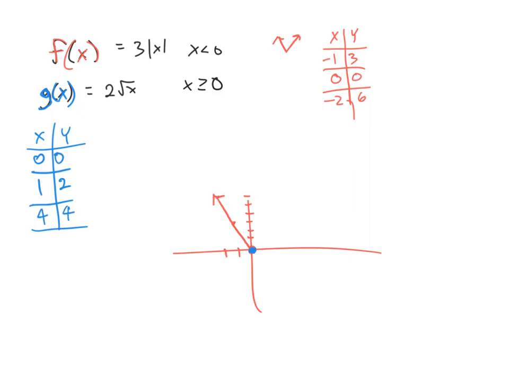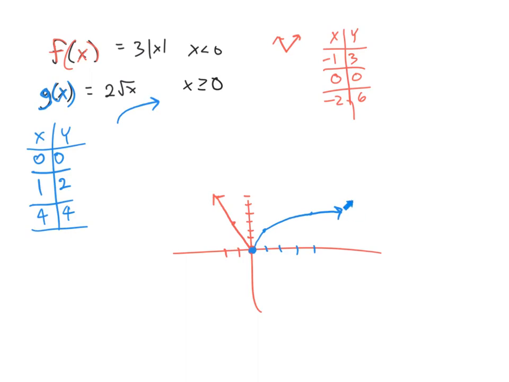And again, because I have a square root function, I know this graph is going to look something like this. So let's go ahead and plot these. 0, 0, 1 up 2, and then we plugged in 4. So 2, 3, 4, and we got a height of 4. So indeed, our function looks just like that.